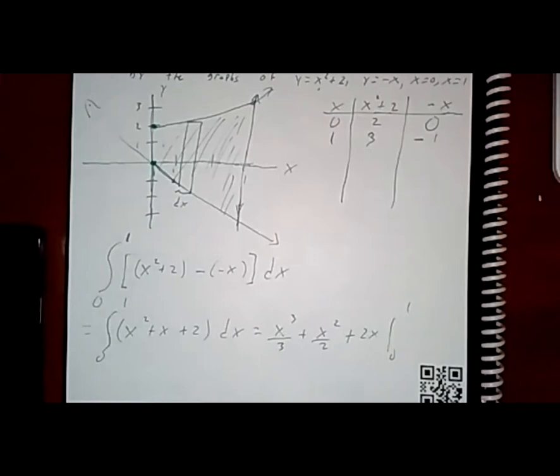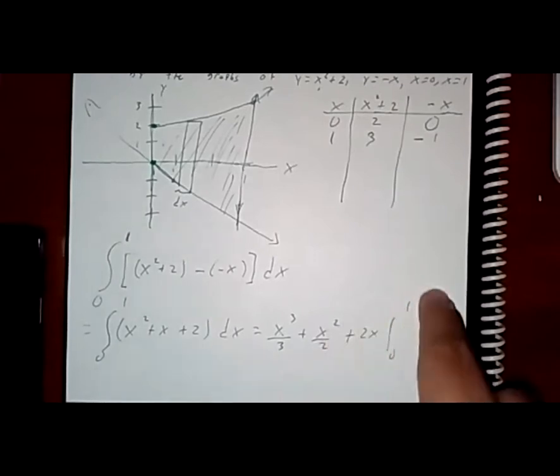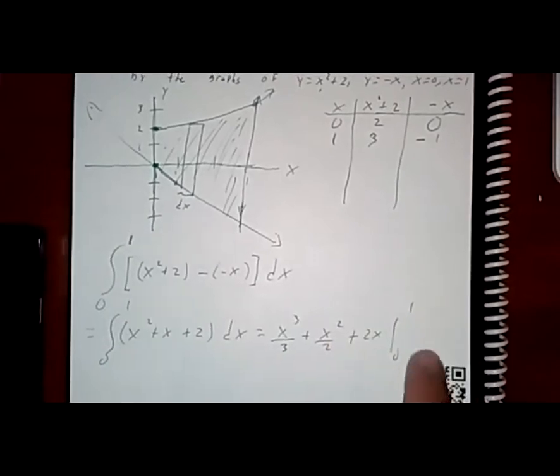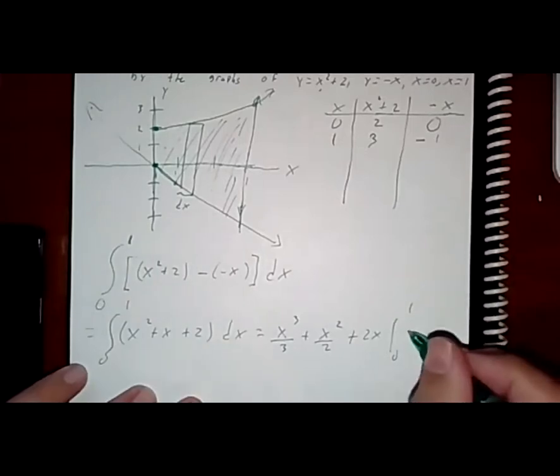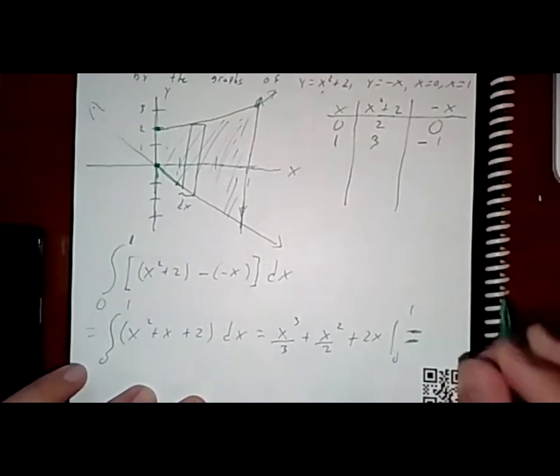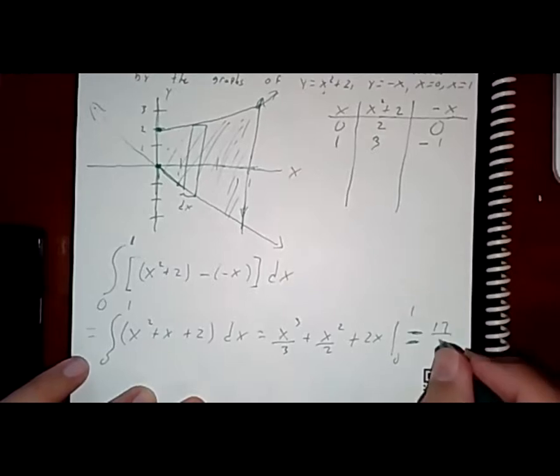For definite integrals at this point, top minus the bottom, 1 minus 0, and you're done. Should be about, excuse me, 17 over 6. So we found the area between the graphs.